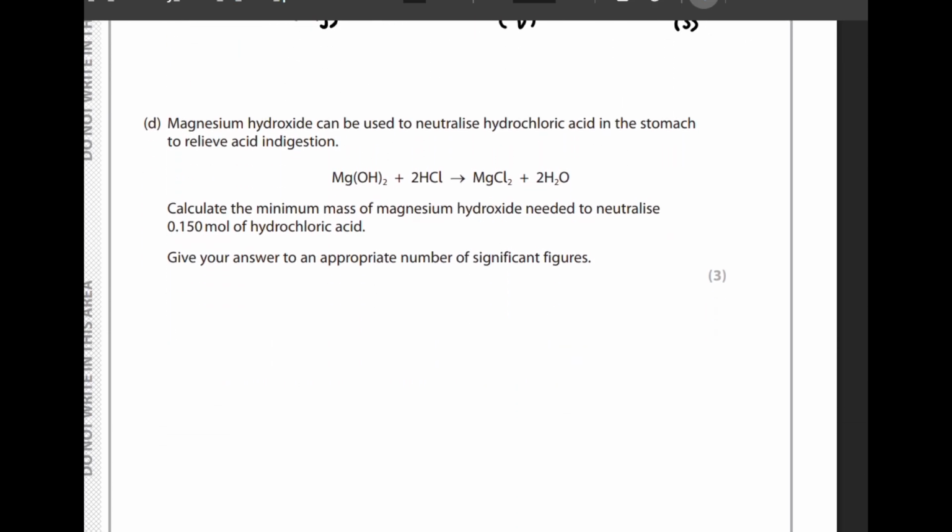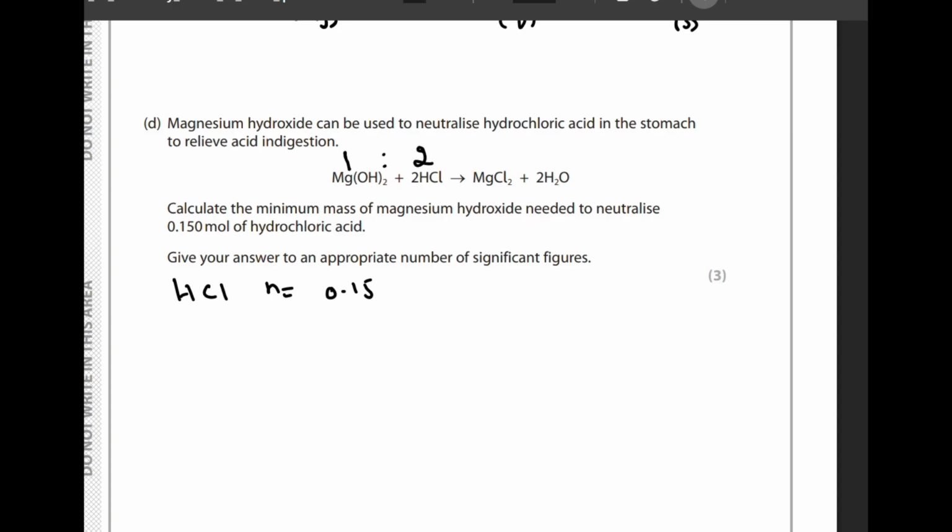Now, magnesium hydroxide can be used to neutralize hydrochloric acid in the stomach. Calculate the minimum mass of magnesium hydroxide needed to neutralize 0.15 moles of hydrochloric acid. Here they have given you the moles of hydrochloric acid. You know, the ratio of magnesium hydroxide to hydrochloric acid moles is 1:2.